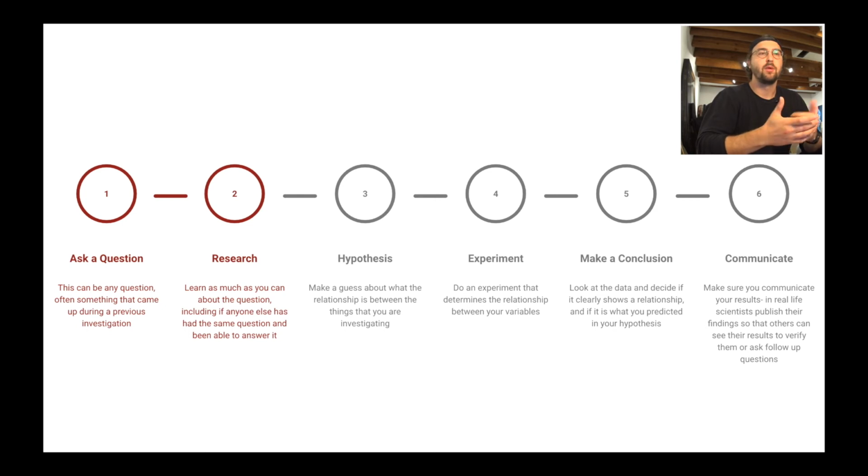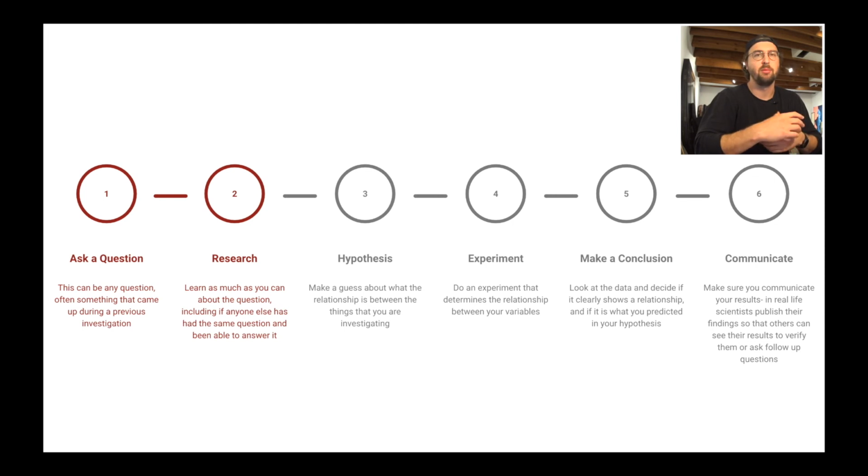All right. Then I go out and do the experiment. When I'm doing the experiment, I'm going to want to collect some data, whether that's pictures, whether that's writing things down, or maybe it's just keeping in mind, hey, I caught 6 fish today using real bait, and yesterday I caught none when I was using fake bait. Okay, that's some data right there. Then you can make a conclusion, and finally, the last thing you do is communicate your results.